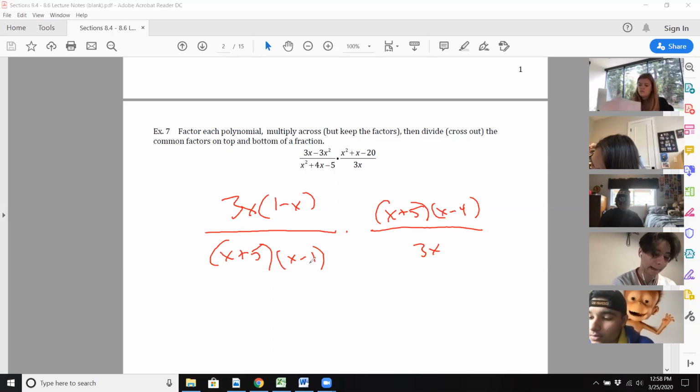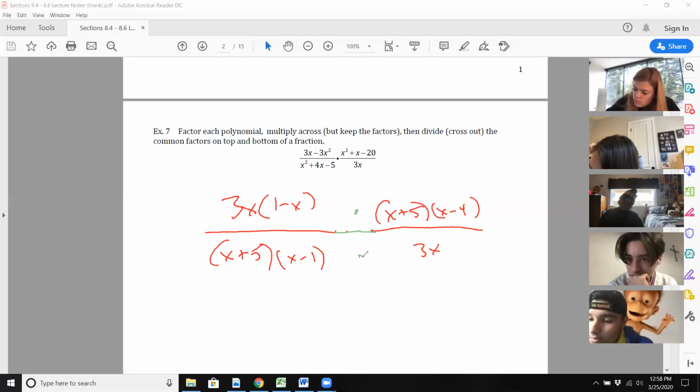You can think of it as one big fraction, and that's totally a fair thing to do. Then we can cross stuff off. Those go away. Those go away.